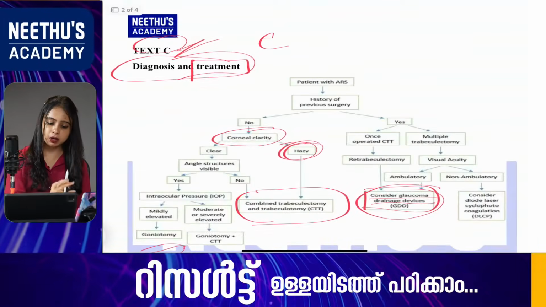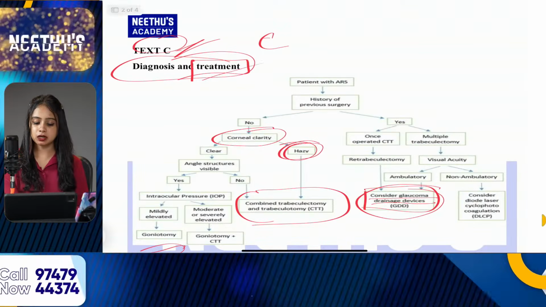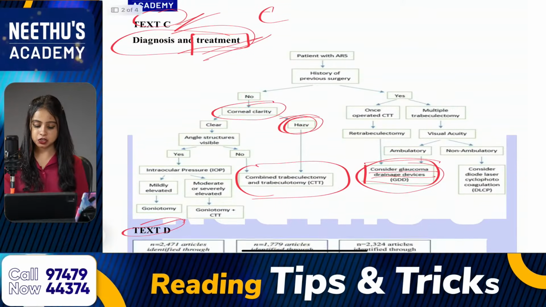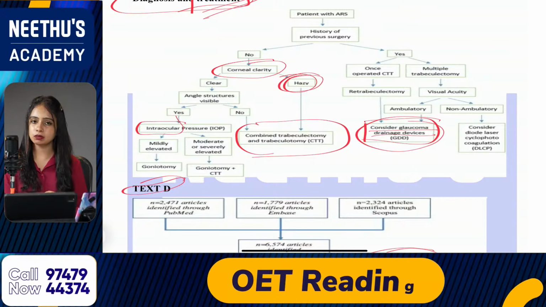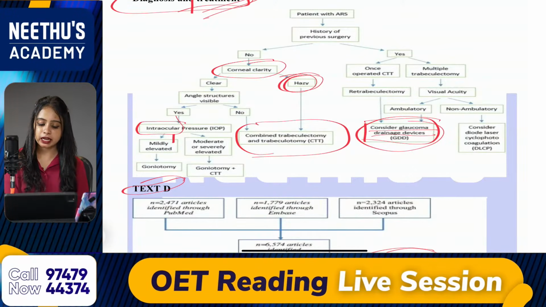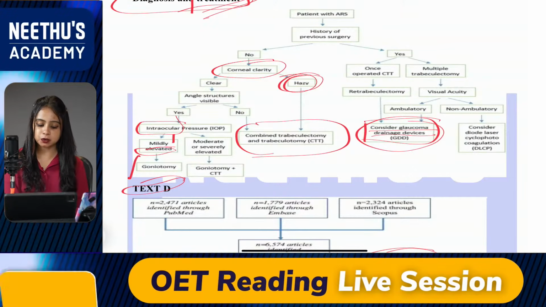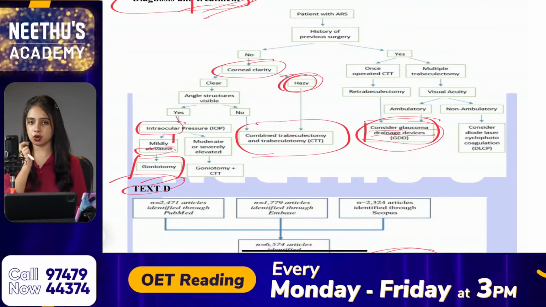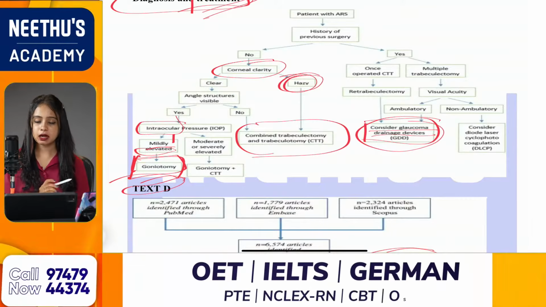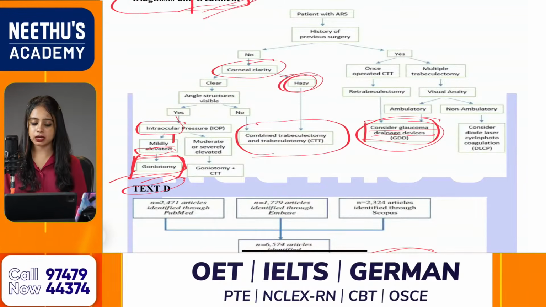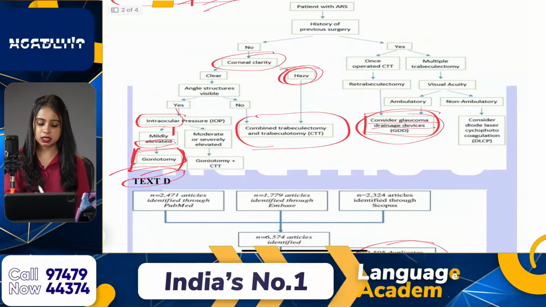It is all about the procedure, right? So which is in the treatment option, and which is the procedure? See, intraocular pressure, that is my keyword. So if it is mildly elevated, increased, what is the procedure? It is goniotomy. So you have to go for this particular management procedure. Okay, so that is goniotomy, and that is from text C.